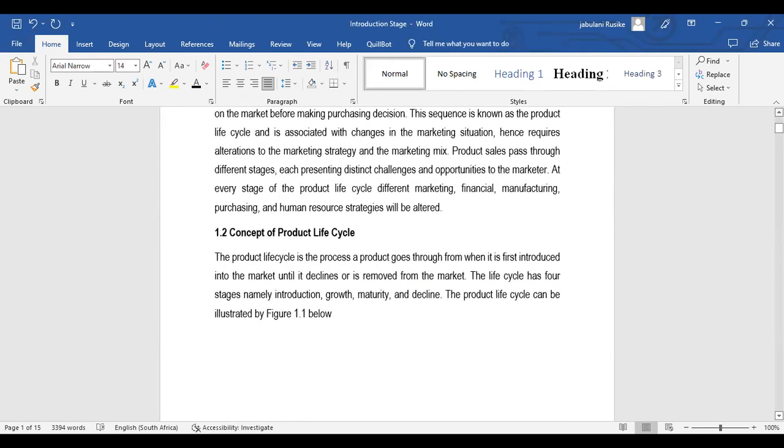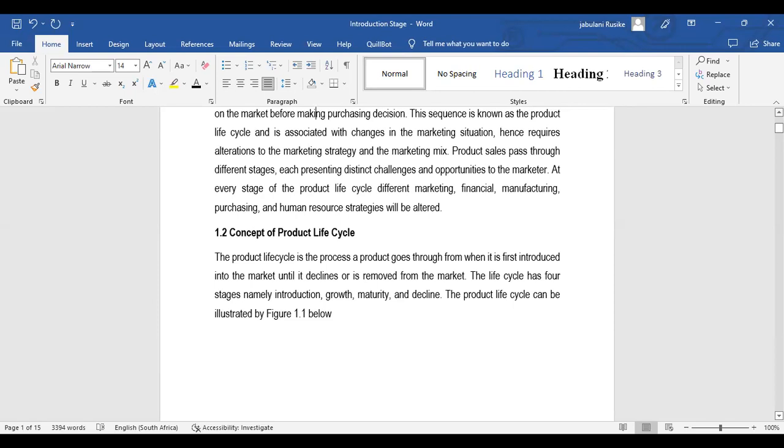Now 1.2, I would say the concept of product life cycle. What is product life cycle? We want to talk about that concept before we can relate it to the case study. So I would define the product life cycle as the process a product goes through from when it is first introduced into the market until it declines or is removed from the market.